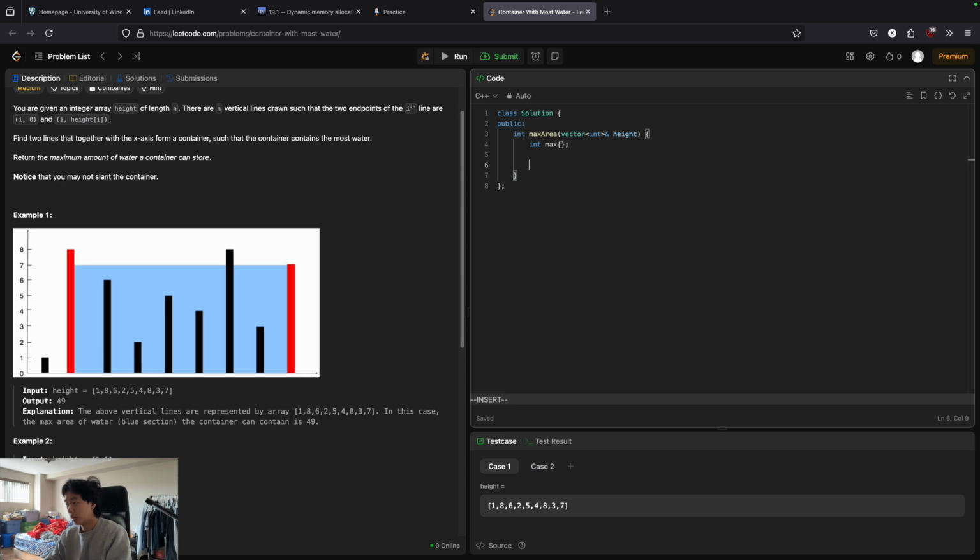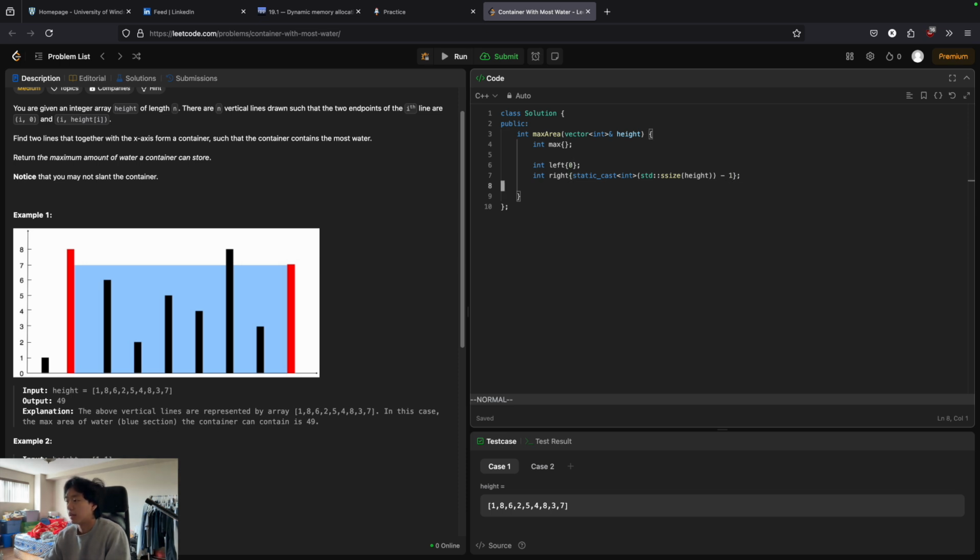So int left can be 0, and then int right would be, we take the static cast of an int, std::size of height minus 1, because the size would be one past the last index, and there's no such index in it.